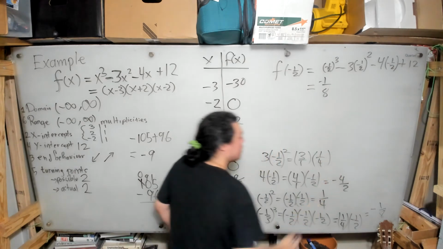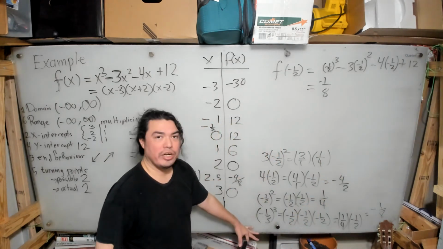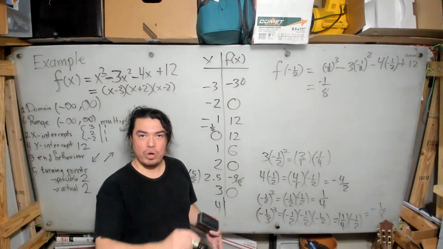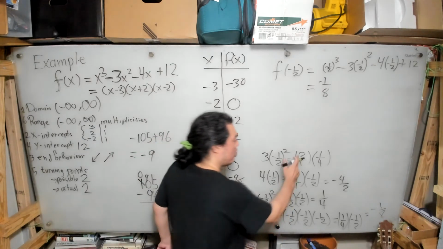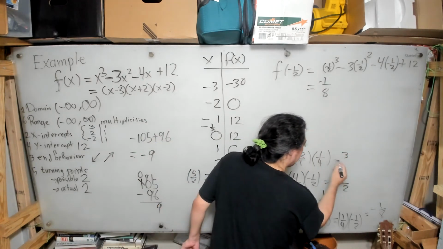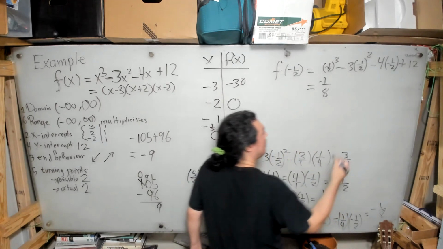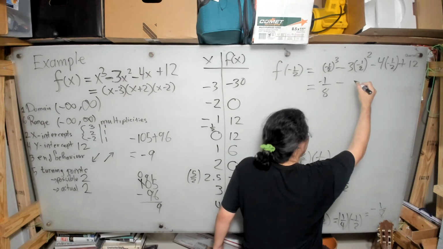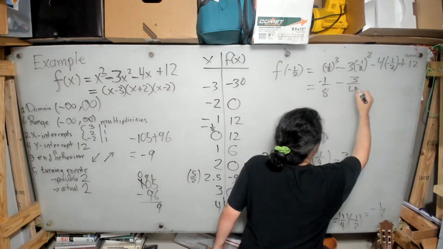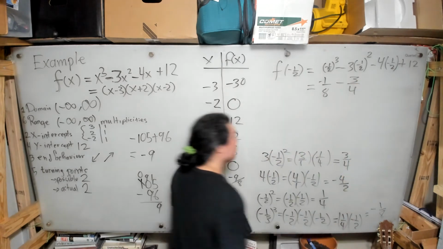By the way, I know this is getting a little bit cluttered here, but this is what you can imagine that you want to have on your scratch paper. 3 times 1 is 3, 1 times 4 is 4. And what I want you to see is how to carry out a more lengthy calculation.